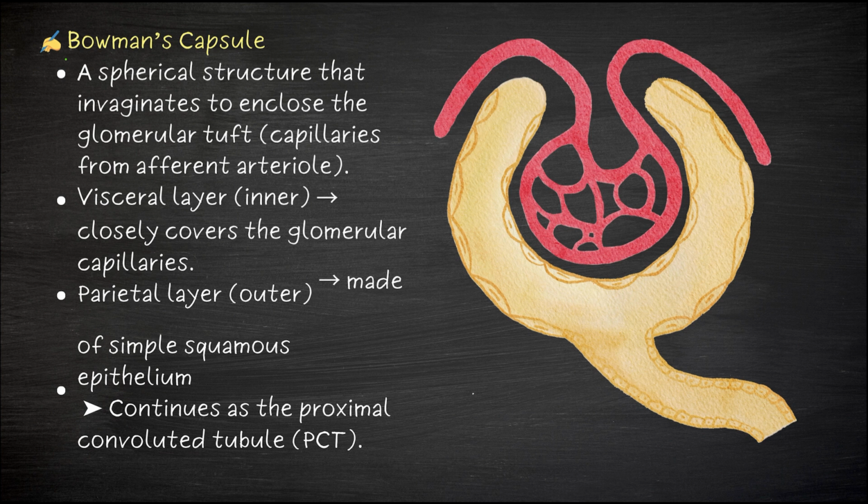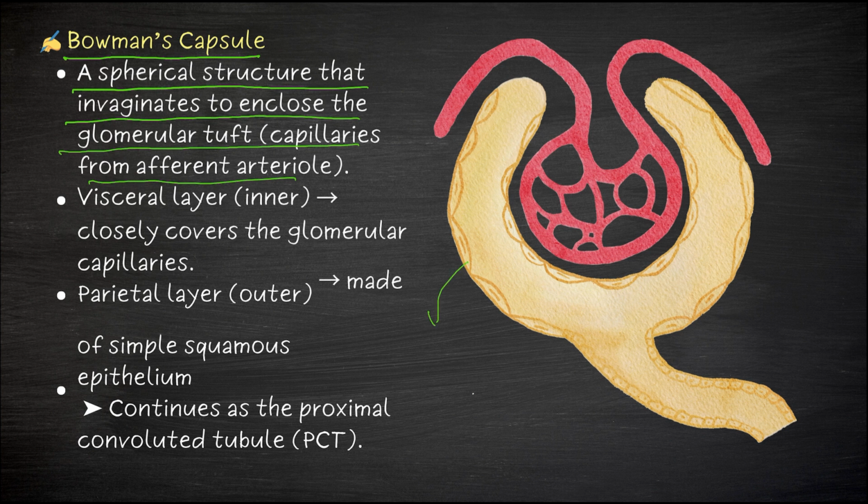First come to the Bowman capsule. You can see it is a spherical structure that invaginates to enclose the glomerular tuft of capillaries from the afferent arteriole. This whole structure is the Bowman capsule.